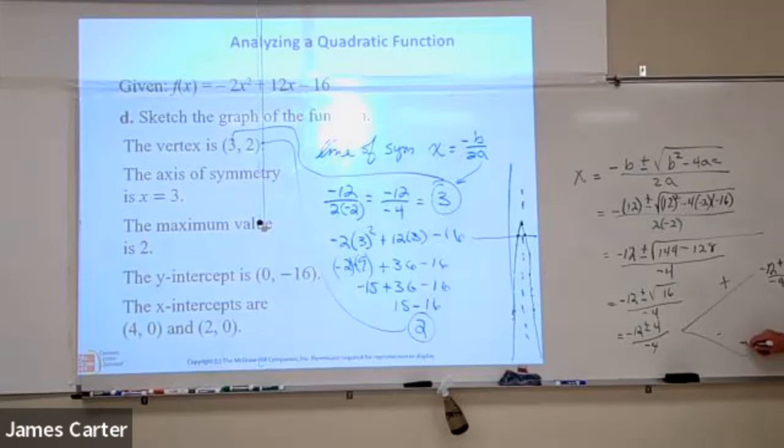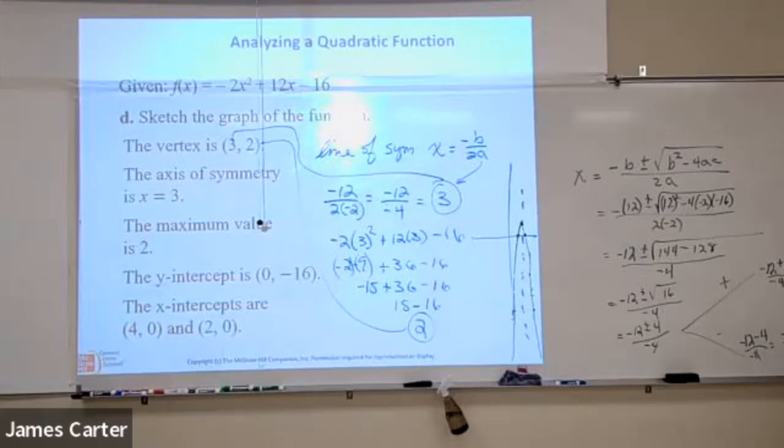This one, negative 12 minus 4 over negative 4 equals negative 16 over negative 4 equals positive 4.